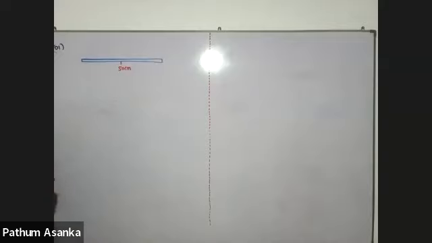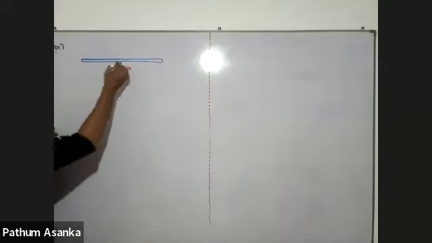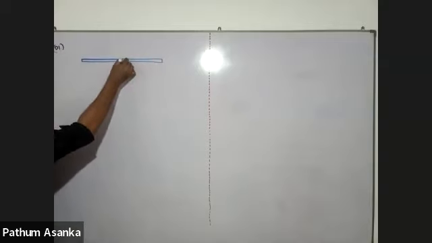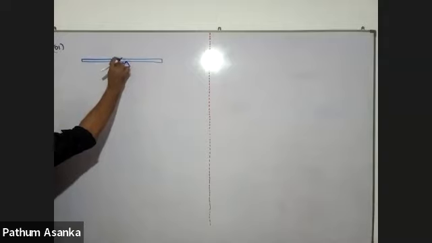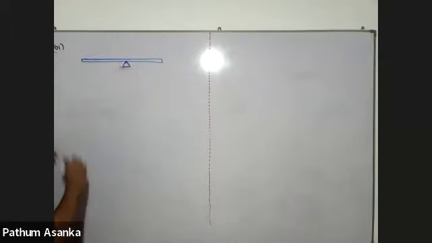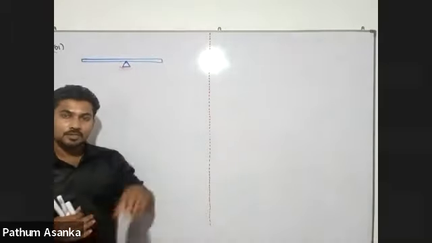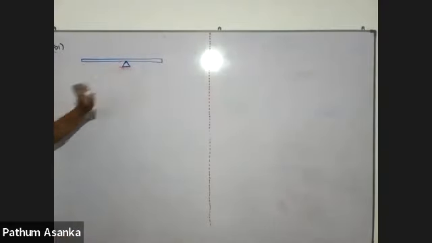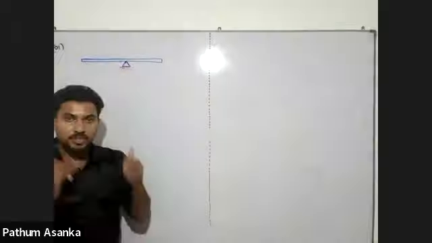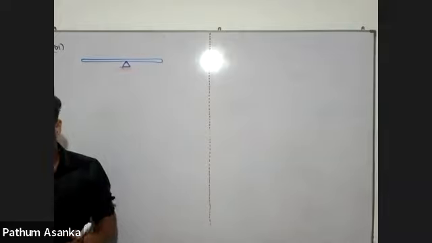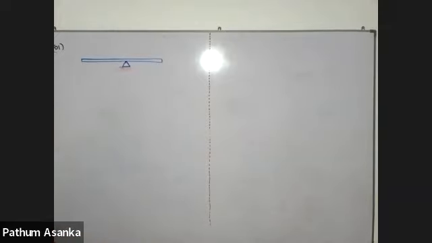But according to the question, the knife edge is balanced at the 52 centimeter point. So if this meter rule is stable at the 52 centimeter point, it means the meter rule is not a uniform one. That's the idea with the data given in the question.